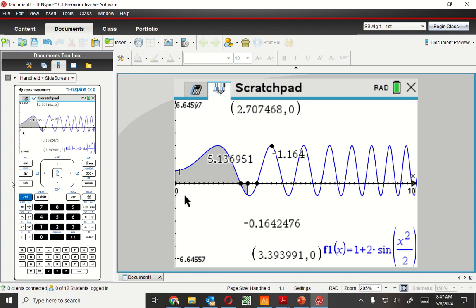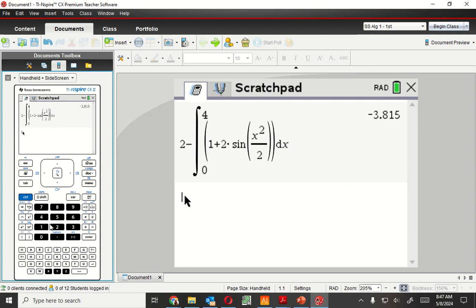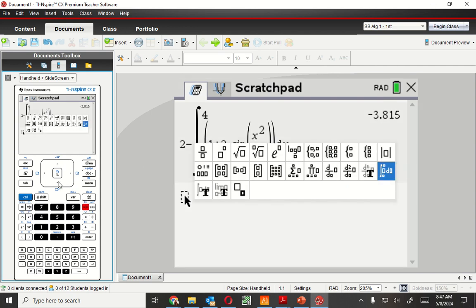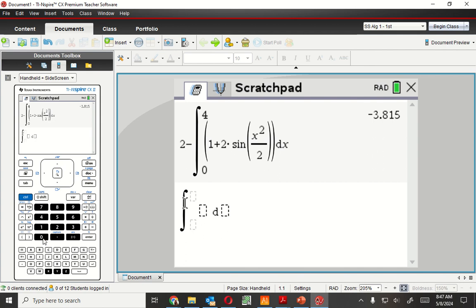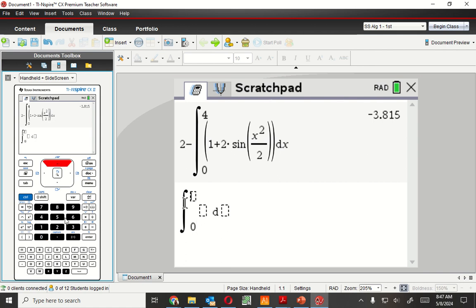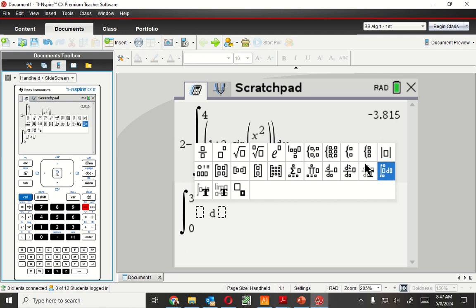Or I could just go back to this and go, I want to find the integral from 0 to 3, absolute value. So if you hit the little key right here, it's below delete.